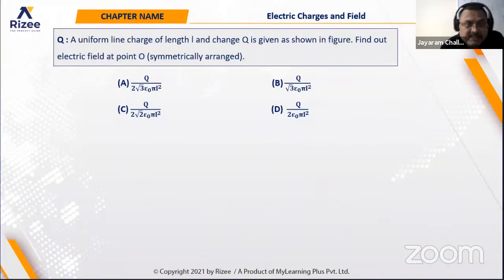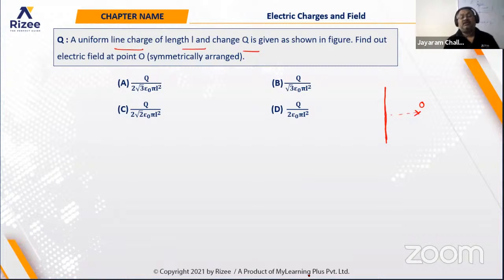If we see a sum on this: a uniform line charge of length L and charge Q, as shown in the figure, find the electric field at a symmetrically arranged point. For example, if it is an infinite wire and this is your point O, symmetrical arrangement means this entire wire might be charged. What will be the electric field here?